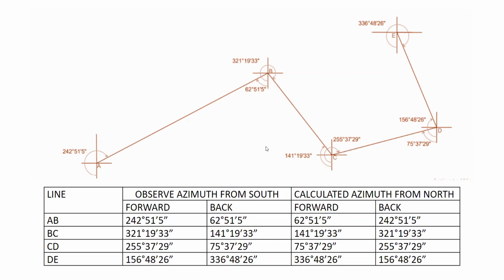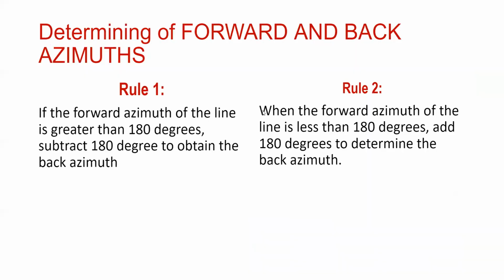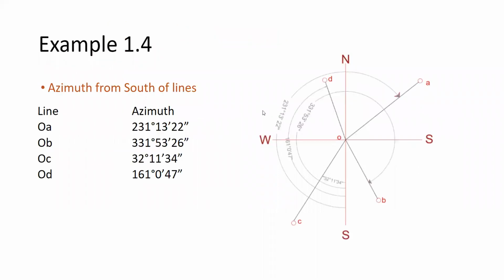So, ibig sabihin, pag nagme-measure tayo sa field, una, nagme-measure tayo sa south. Tapos, to be checked na lang pag nagme-measure tayo sa north. Nag-re-checking na lang tayo. So, yun yung ginagawa natin sa field. Okay? So I hope malinaw na yung pag-determine ng forward and backward azimuth and ng bearing natin.